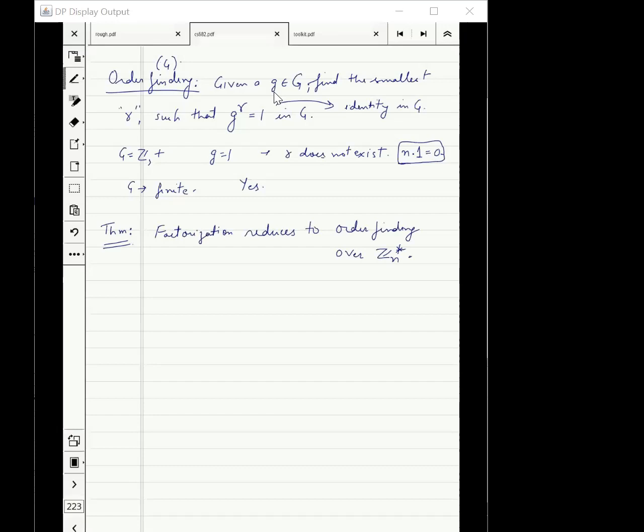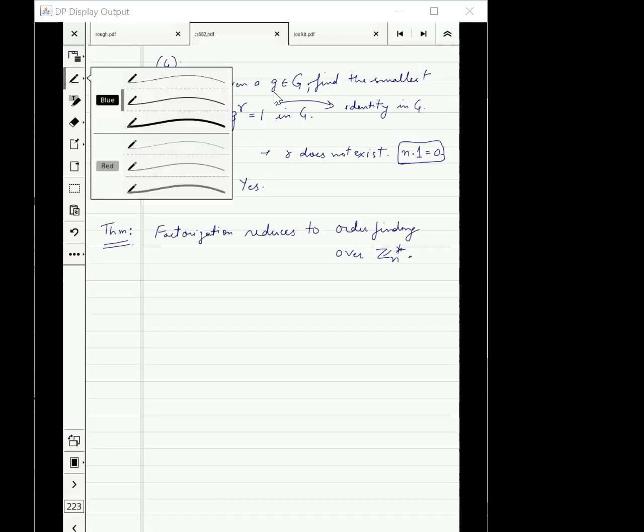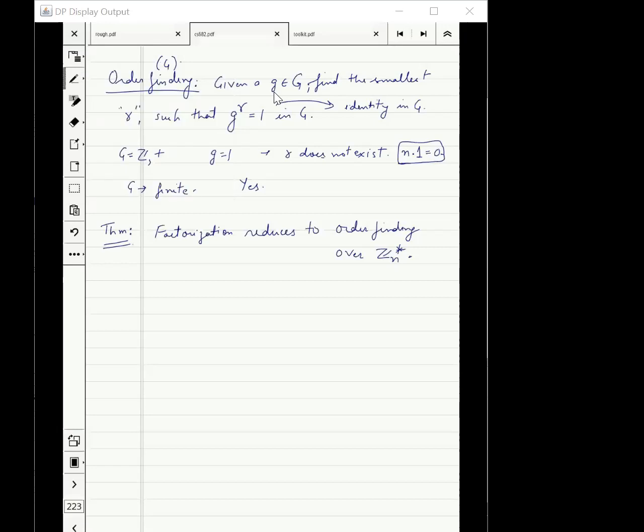Before I give the proof of this theorem, what is N? Very good. That is why I said that before I give the proof, I have to explain the statement of the theorem. Factorization reduces to order finding over Zn star, and as already pointed out by Diptajit, this statement is not complete. What is n?